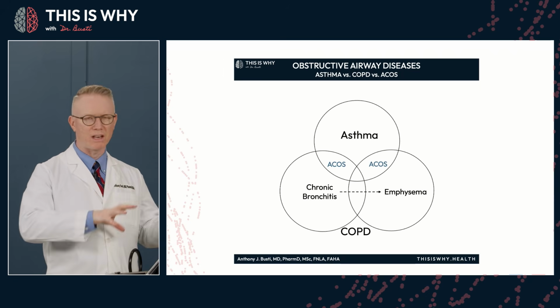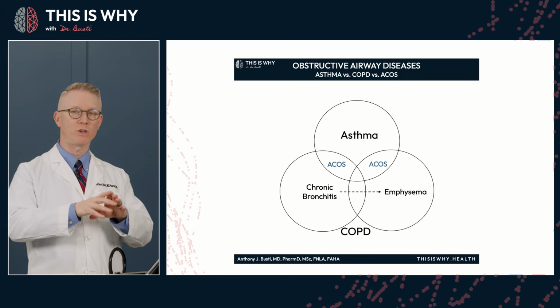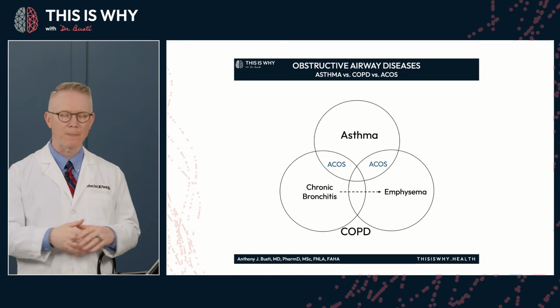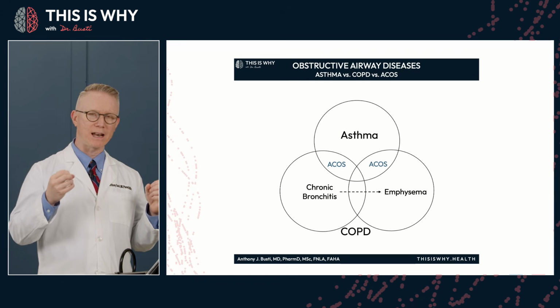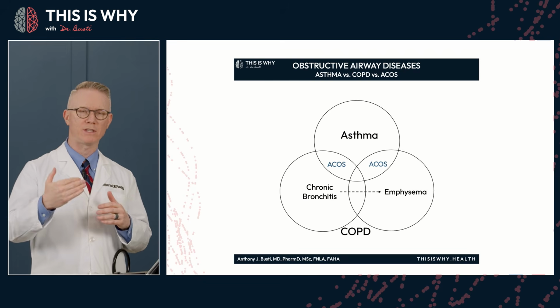So we have kind of like this Venn diagram where asthma and COPD can mix, where you have features of either one in your underlying main problem. And the reason that matters is that it guides the choices of drugs that we administer and why some patients benefit.